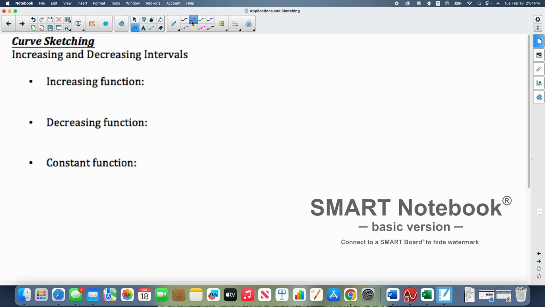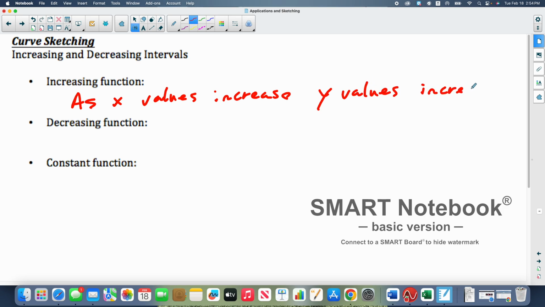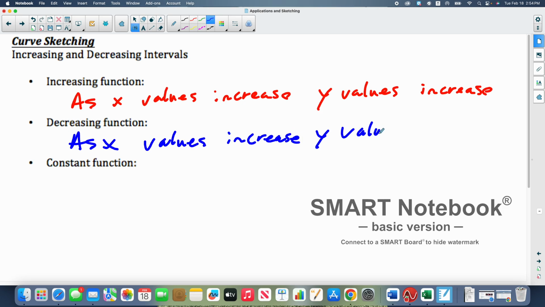All right, so an increasing function: as x values increase, y values increase. That would be an increasing function. As x values increase, y values decrease.